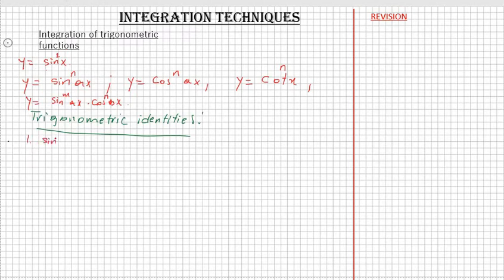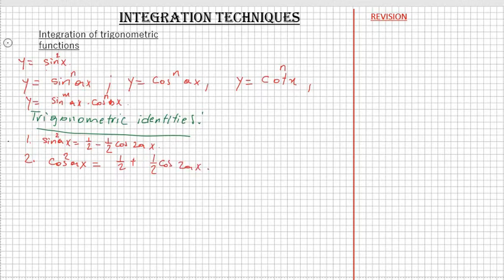sine to the power of 2 of ax is equal to half minus half cos 2ax. And the second one is cos square ax is equal to half plus half cos 2ax.